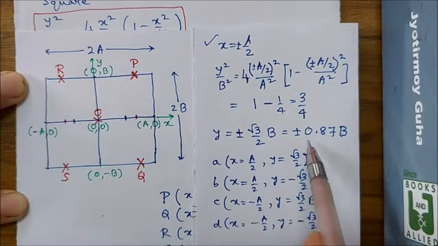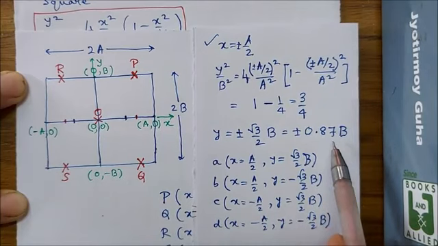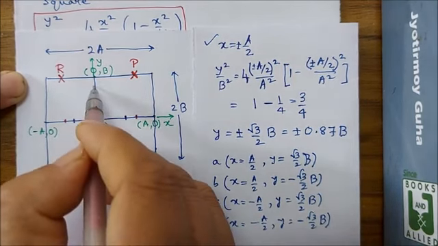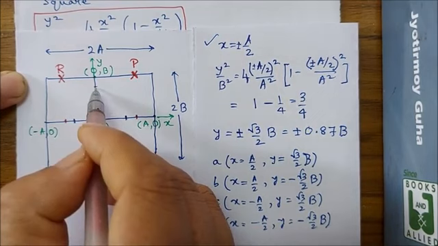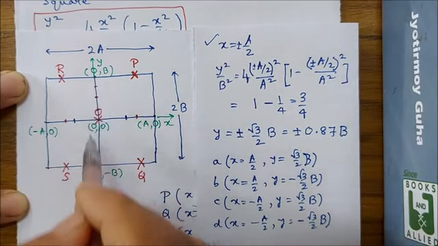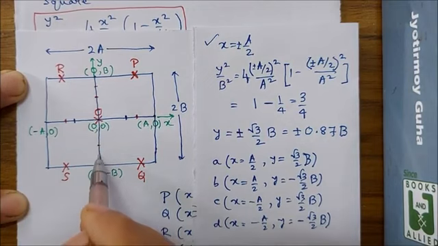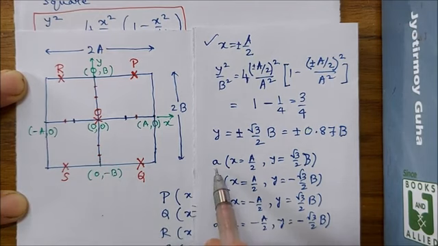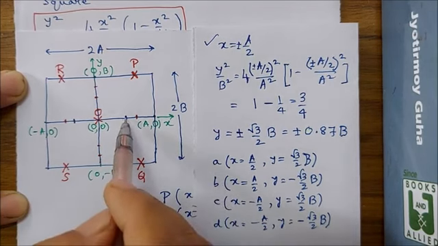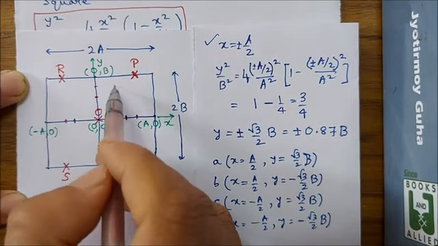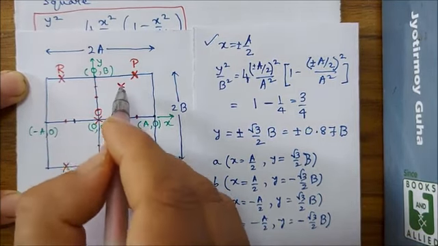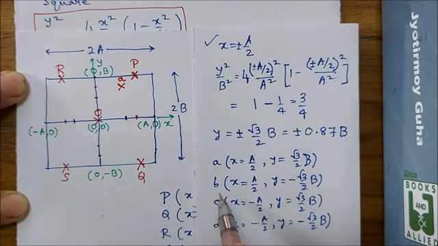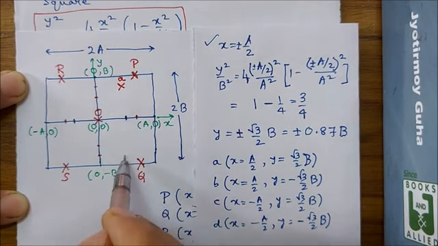Now let us identify 0.87 b in the y-axis. So this is 0.5, so this is say 0.87 b, and here this is minus 0.5, so this is minus 0.87 b. So accordingly, point A will be x a by 2 and y is 0.87 b. So it is here, A point, and B point will be a by 2, minus 0.87 b.